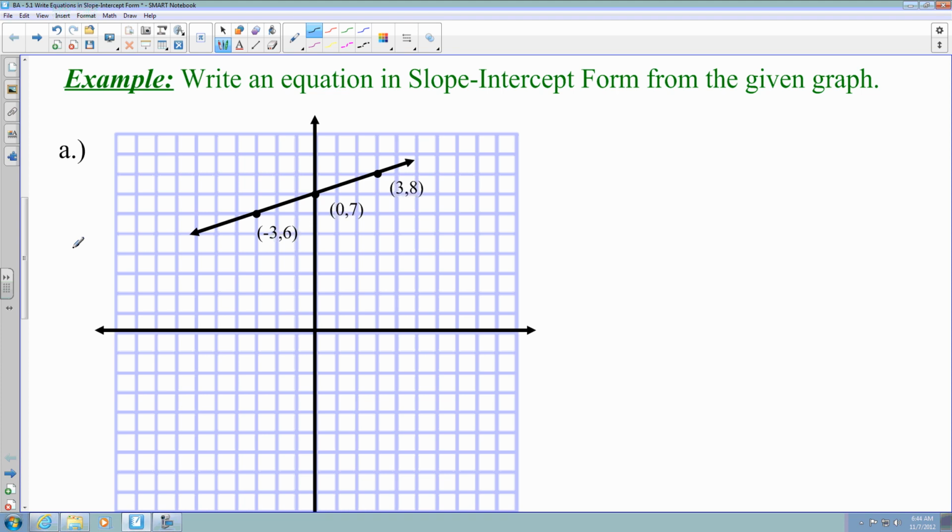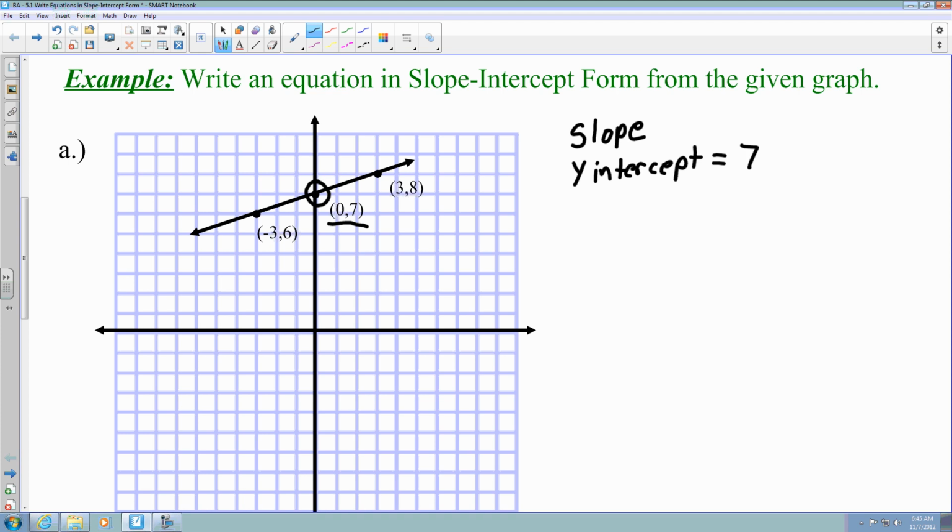The two things that we need to look for here are the slope and the y-intercept. Finding the y-intercept, all we have to do is find where it crosses the y-axis, and it seems to cross right here at 0, negative 7. So I can write in that our y-intercept is negative 7.